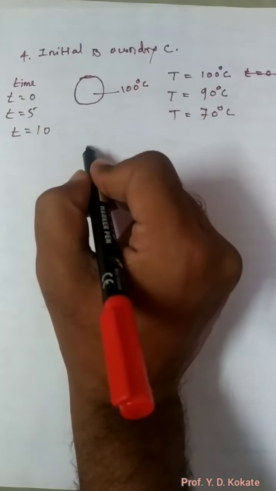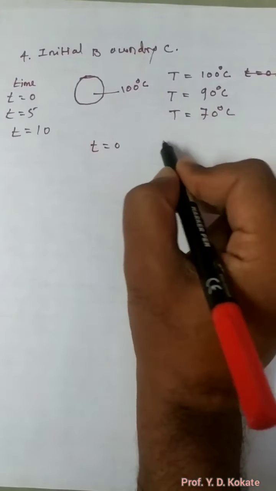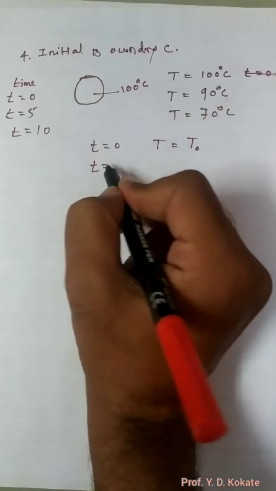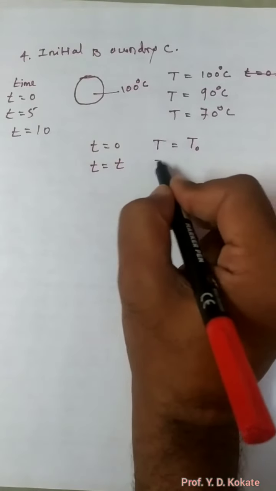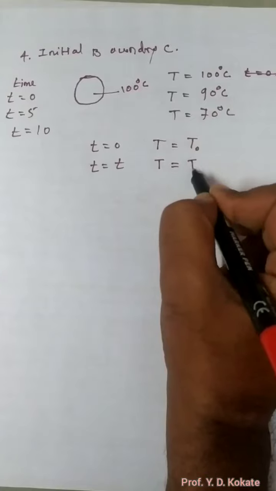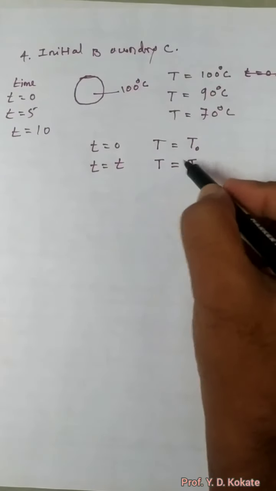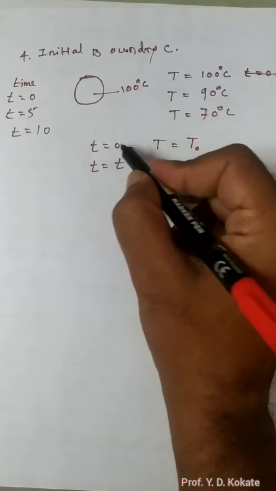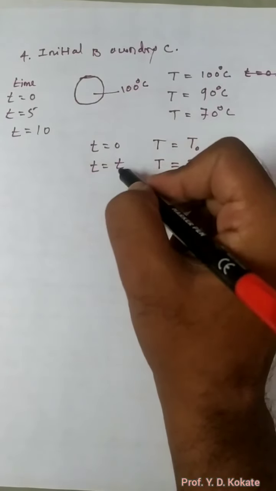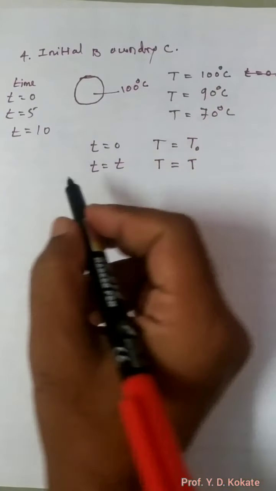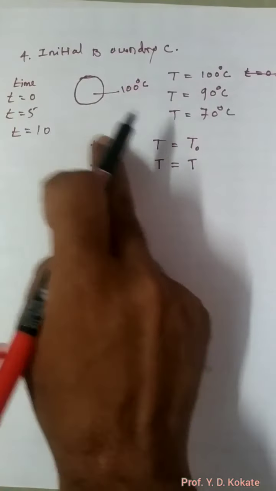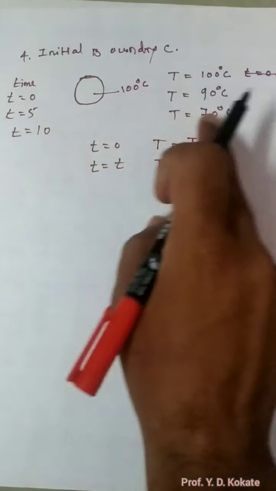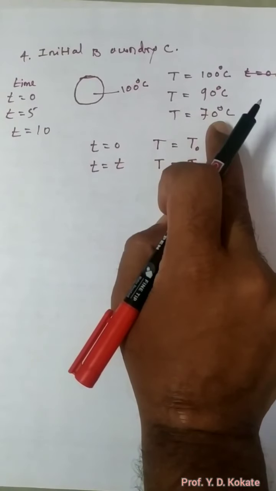So generalizing, I can write that when t is equal to 0, at that time T will become T0. So T0 is the initial temperature. At t is equal to t seconds, T will become T, which is the variable T. At 0 seconds it is T0, and at t seconds it is T. So like this, at t is equal to 0 seconds it is 100 degrees Celsius, and at t is equal to 10 seconds it is 70 degrees Celsius.